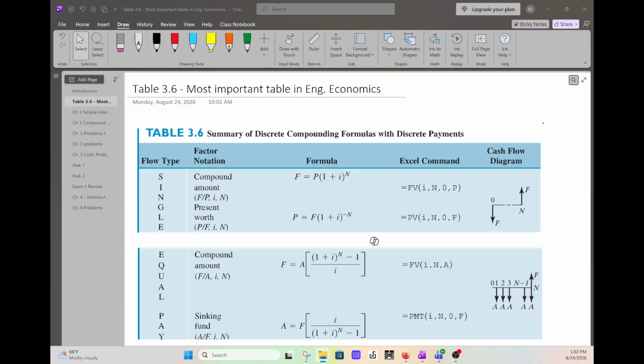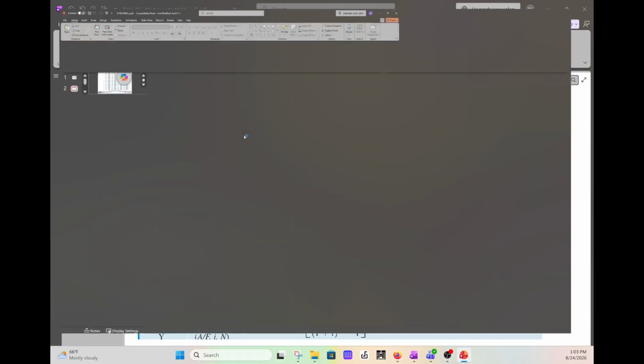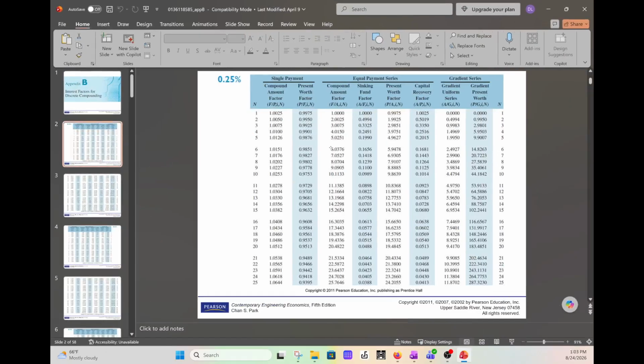There are appendices in the back of your book, so I'm opening it right now. These appendices are for compounding interest.